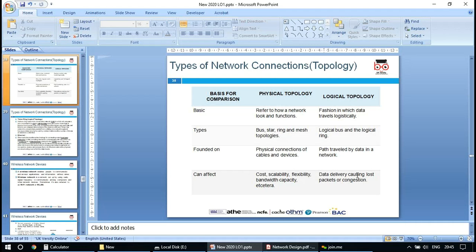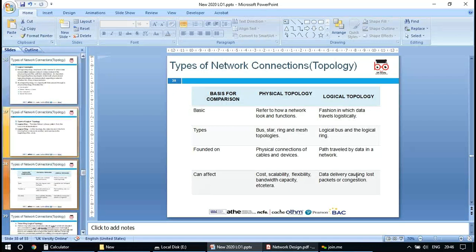The physical one refers to how a network looks and functions, and the logical one says the fashion in which the data travels logistically. So the bus, star, ring, and mesh are the physical ones, and the logical bus and the logical ring are the logical ones.